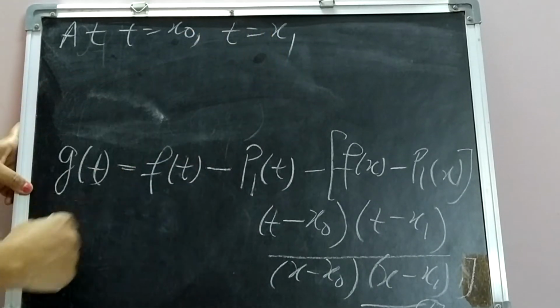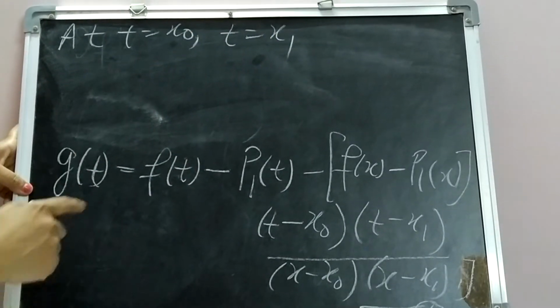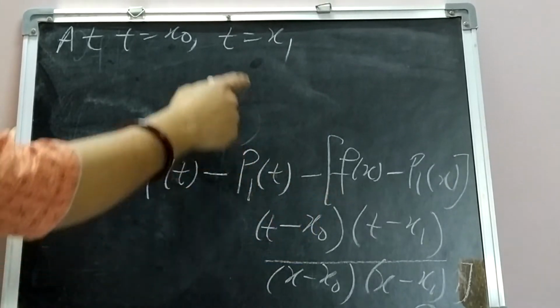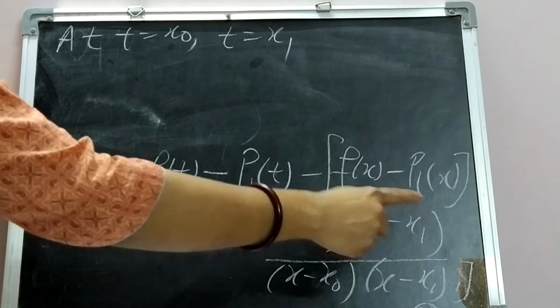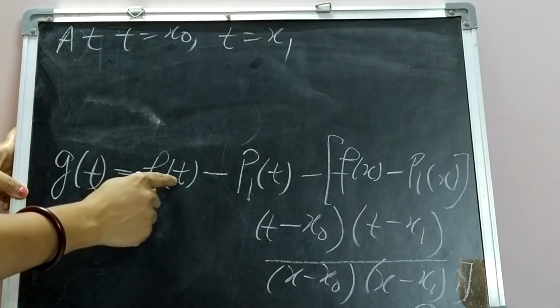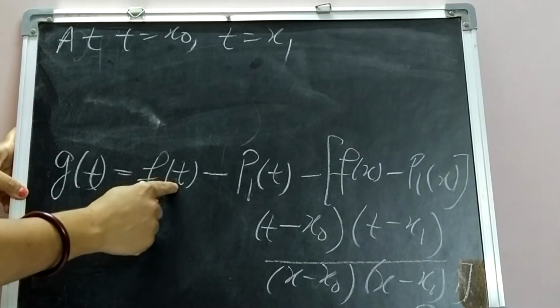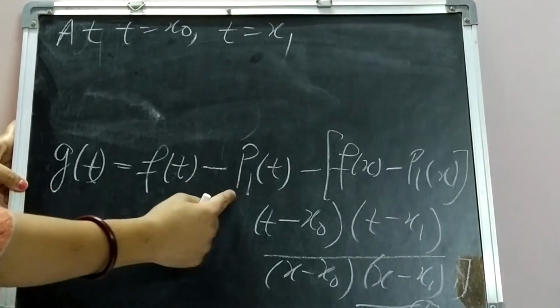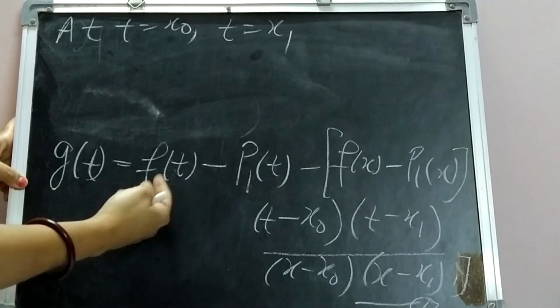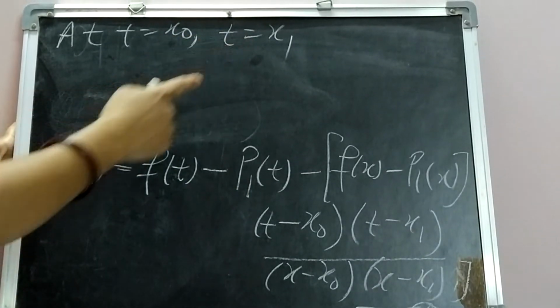Similarly at t equal to x1 also, this is the endpoint, the error was 0. If we substitute, x1 minus x1 will be 0, and this is the nodal point, that is the interpolating node. At the interpolating node, the functional value and the value given by the Lagrange polynomial are both the same. So this will be 0, and finally we get the function as 0.